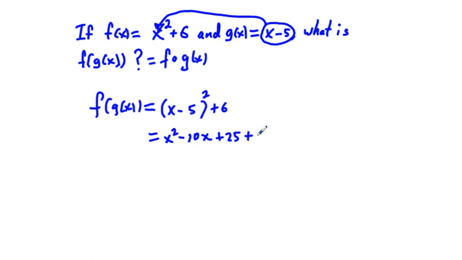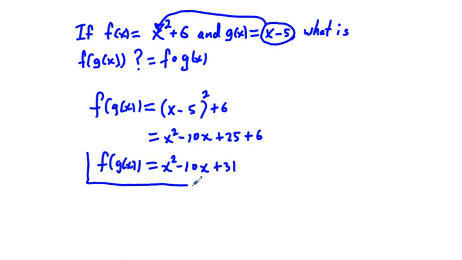And we add this 6, and so our answer to this is going to be f of g of x is going to be x squared minus 10x plus 31. So that is f of g of x.